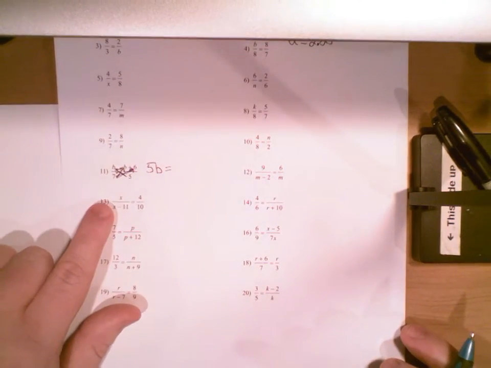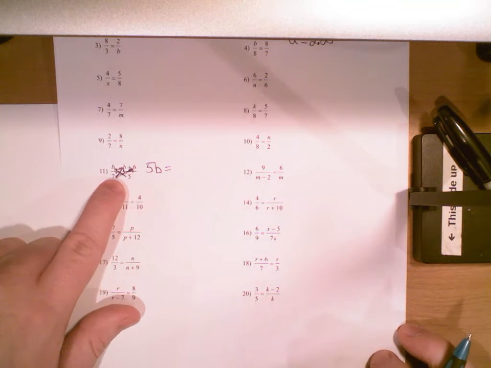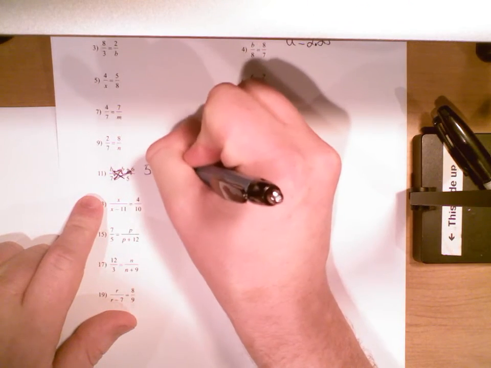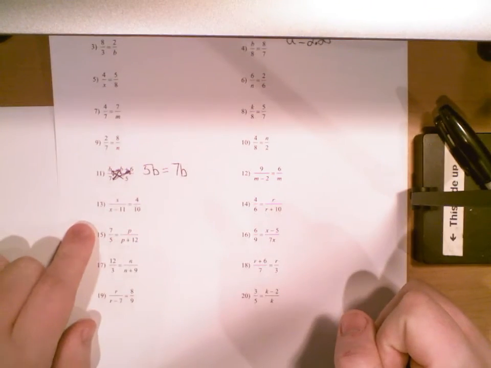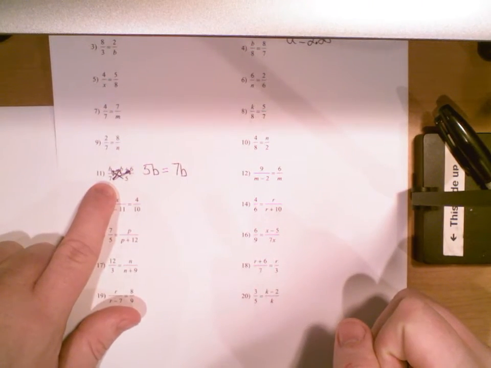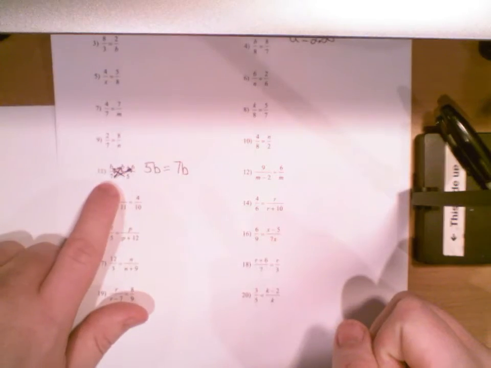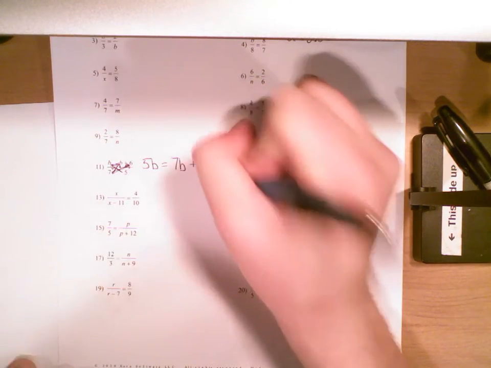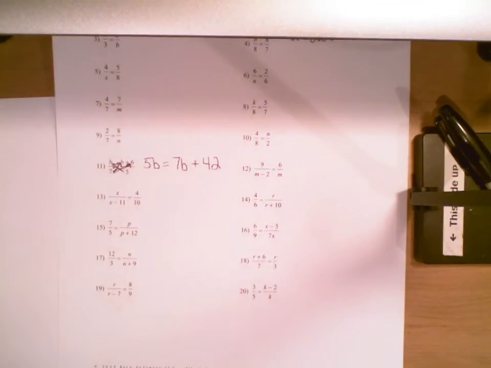So let's have a look. 7, and then my next arrow goes to b. 7 to b would be 7b. And then my second arrow would be from 7 to 6. 7 times a positive 6 will be a positive 42, plus 42. Okay, now we have a two-step equation.